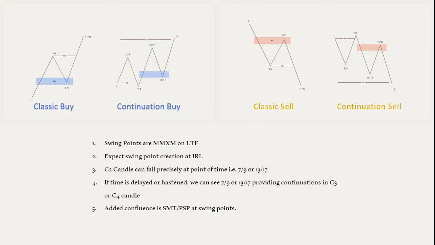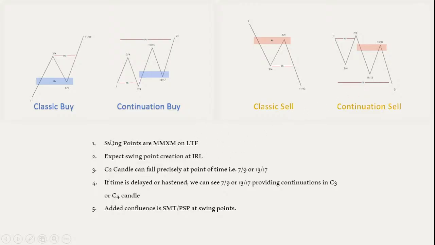PD array. Similarly, for the classic selling model, when you have a fair value gap that is IRL, then we expect price to move down from this IRL, and when we have a selling trend, then continuation will be taking out the previous high and then creating a continuation from a fair value gap or order block towards the ERL or higher time frame PD array.